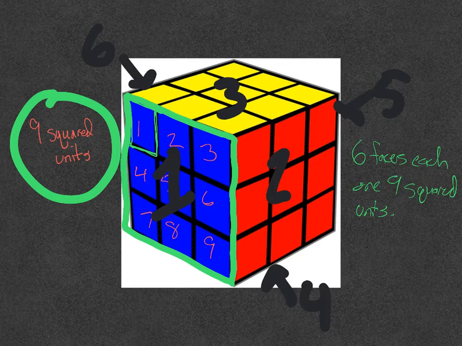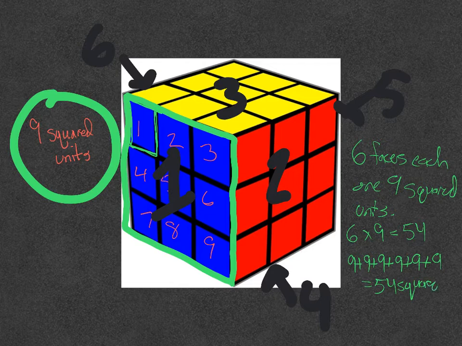I can go 6 times 9 equals 54, or I can go 9 add 9 add 9 add 9 add 9 add 9, 1, 2, 3, 4, 5, 6, which equals 54 square units. So when doing surface area, you're just finding the area of each face or each side of the object.